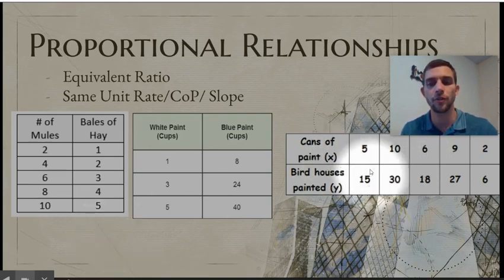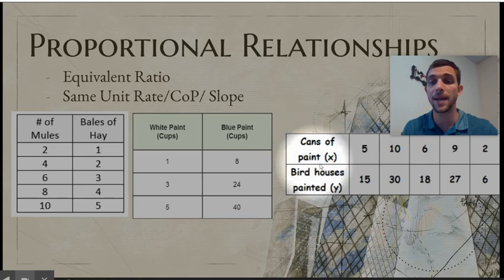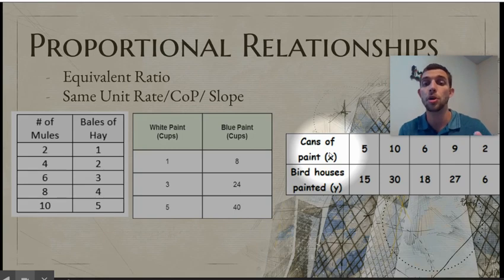Let's look at this one over here, cans of paint versus birdhouses. Let's take birdhouses divided by paint. If we divide by paint, it's houses per can. Since it's per can and can comes last, we divide by the cans.